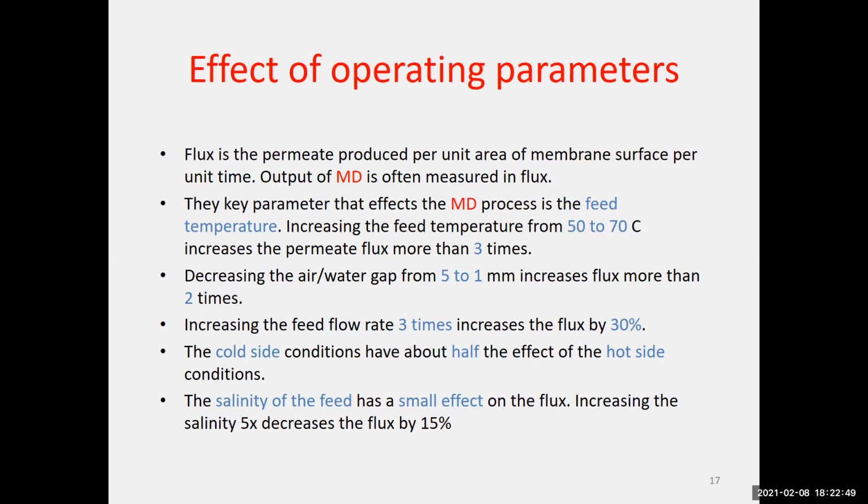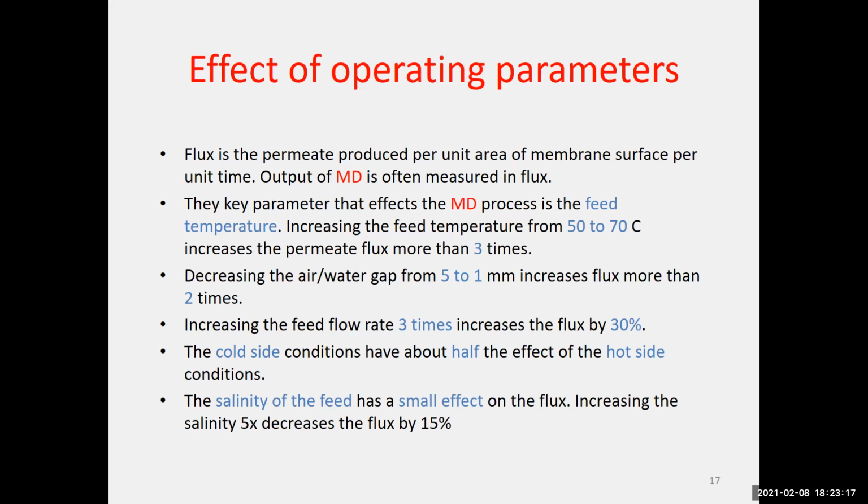The flow rate of the hot feed is another parameter, because a higher flow rate means higher turbulence, so higher heat and mass transfer coefficients. So the situation becomes better in terms of evaporation. The flow rate in the cold side is another, because again, a higher flow rate means higher turbulence and then higher heat and mass transfer coefficients.